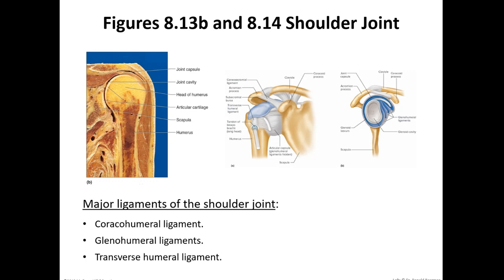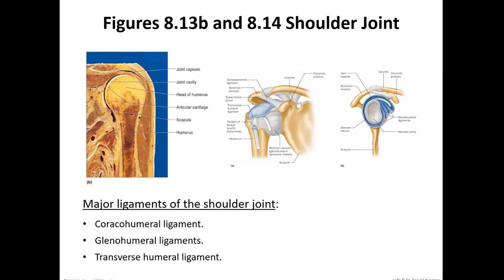I can see the muscle, the tissues such as the cartilage. I can see the head of the humerus. You can see the joint capsule of the shoulder joint. The other two diagrams are showing us the ligaments that are in place to make sure that this joint doesn't get displaced.